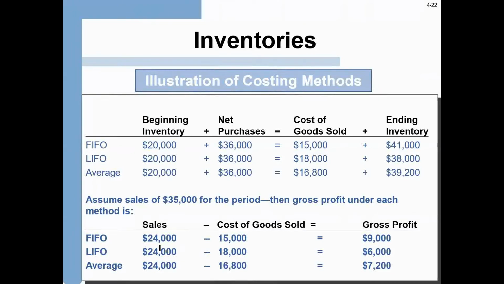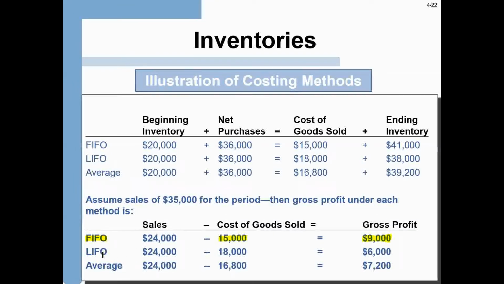In the FIFO method, we are reporting a gross profit of 9,000. As I already mentioned, we are reporting more because in the FIFO method, we are using inventory as cost of goods sold at the old rates. So our cost of goods sold will be less. When our cost of goods sold is less, our gross profit and the net profit will be overstated.